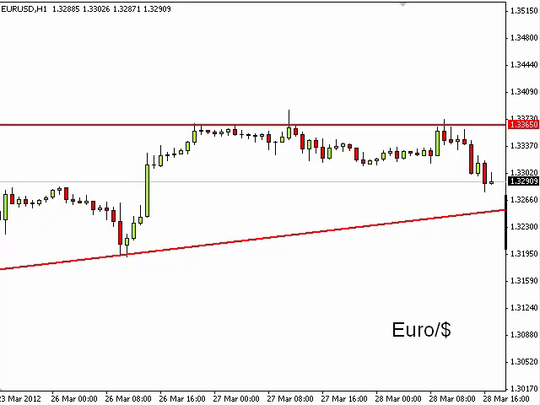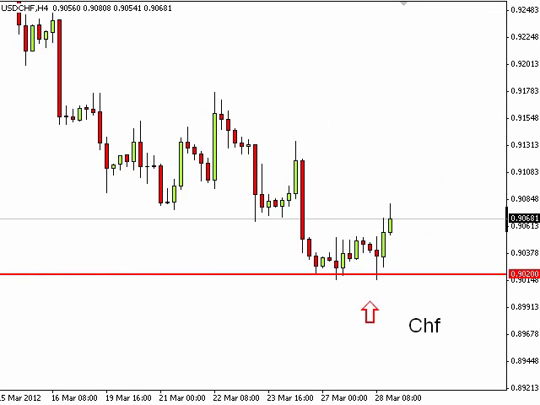A further confirmation was the Swissy. When I showed you in the video before about potential areas for targets, 90.20 was a major previous area of support and resistance. So just as price has come up on the Euro USD and stalled and hesitated, it has done exactly the same on the Swissy.